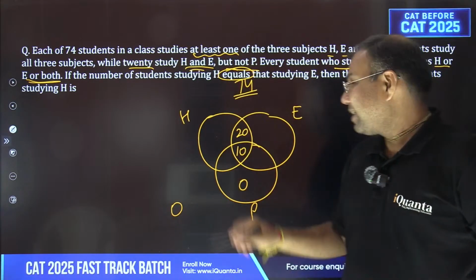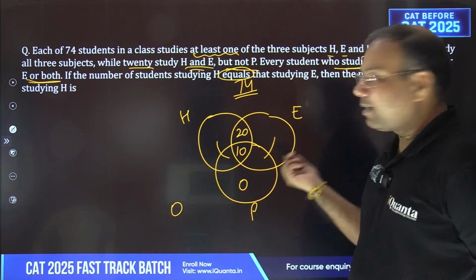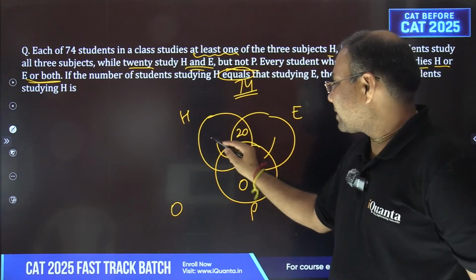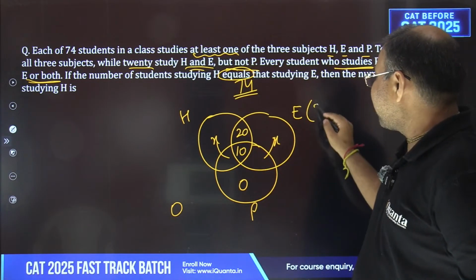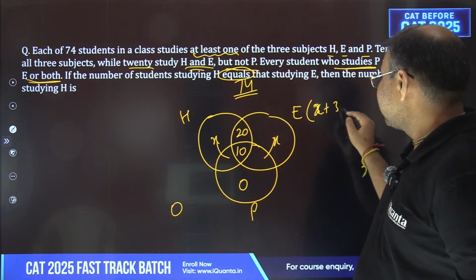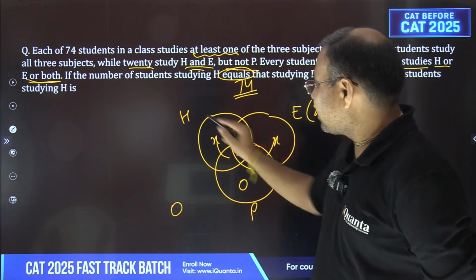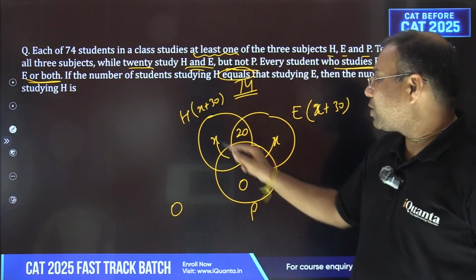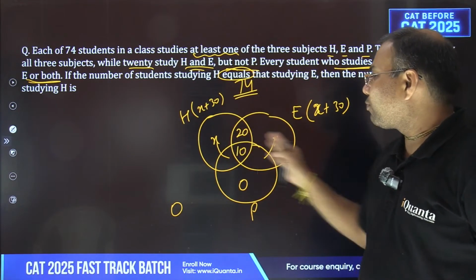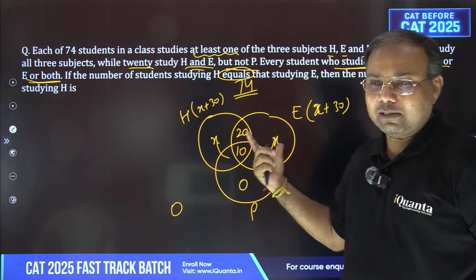It means these numbers must be equal. So let's say this is X, the sum of these two. So the sum of these two must also be X. So E becomes X plus 30, and H also becomes X plus 30. Only then they are going to be equal. So basically the sum of these two numbers and the sum of these two numbers are equal. Right now I've used the term H for that.